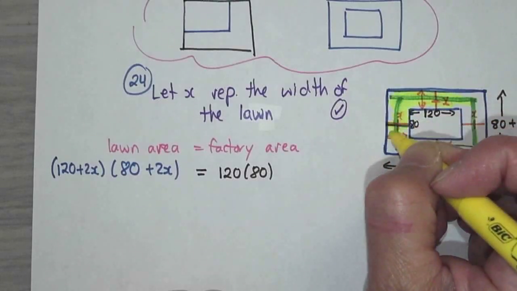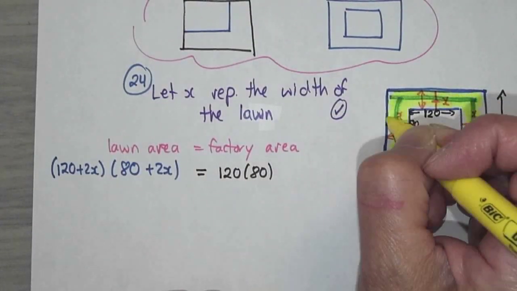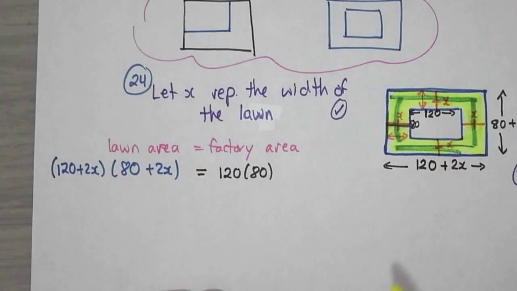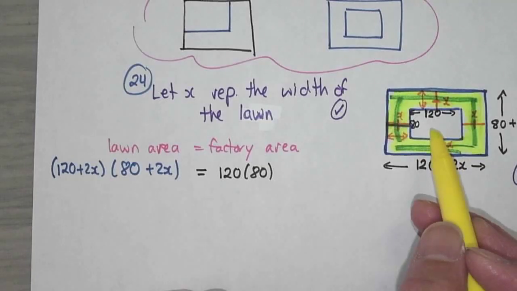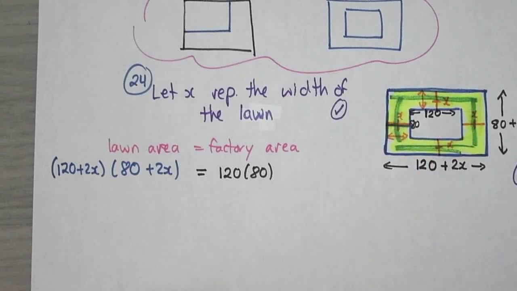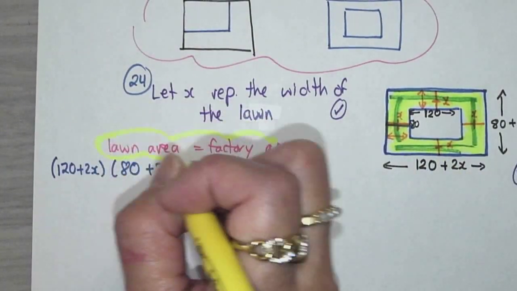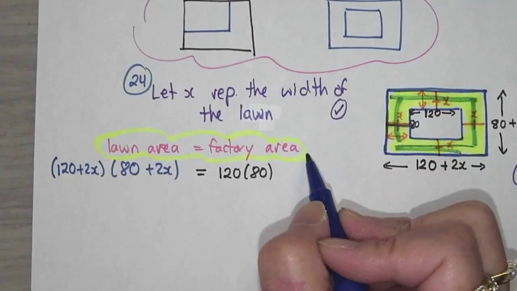I'm going to color in the grass yellow, just because my green marker ran out. So this grass here. All of this grass, what did I ask for? I want the grass to be equal to the factory. How much is the factory? 120 by 80. So if I know this, then how much is the total area?